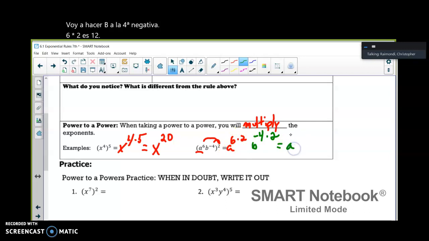So I have a to the 12. Negative 4 times 2 is negative 8. So I have b raised to the negative 8.